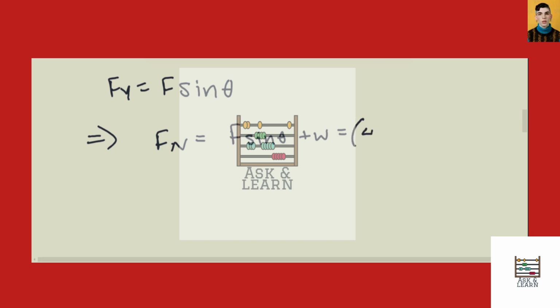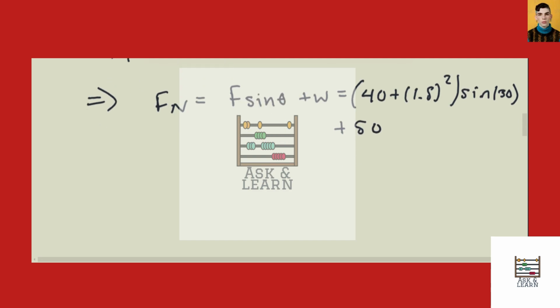So f is 40 plus S2, which we know is 1.5 squared, times sine of theta, sine of 30 degrees, plus the weight, which is given to us, that's 50. So then the normal force, f of n, is equal to 71.13.